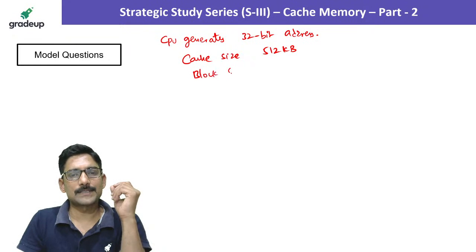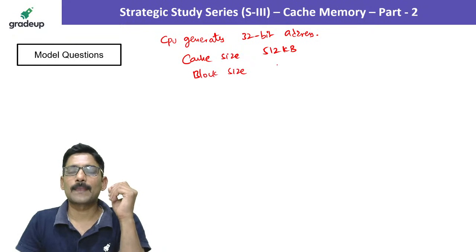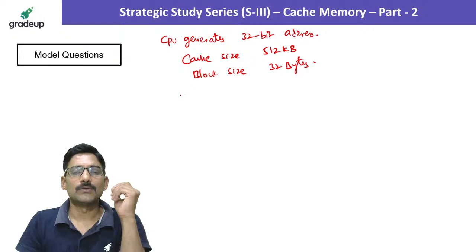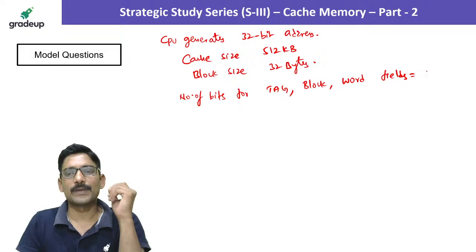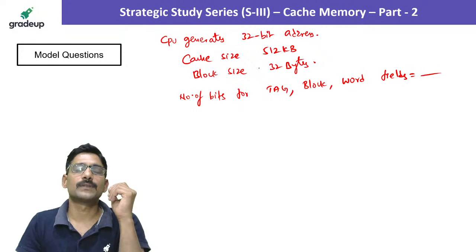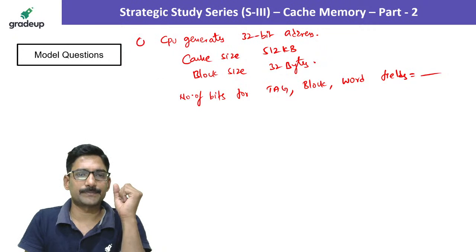Block size is 32 bytes. Okay. Now, number of bits required for tag, block offset and word offset. For these fields, how many bits are required? The question can go in this way. So how do we proceed?